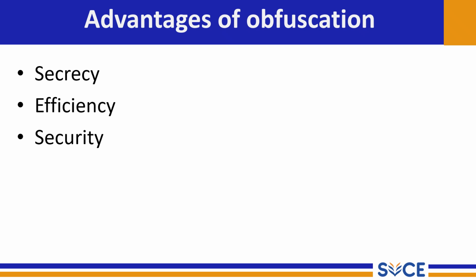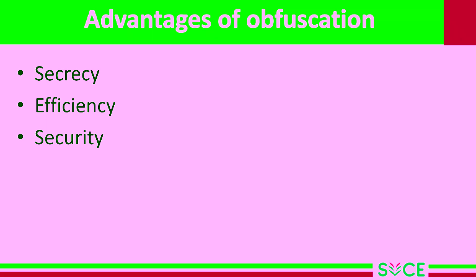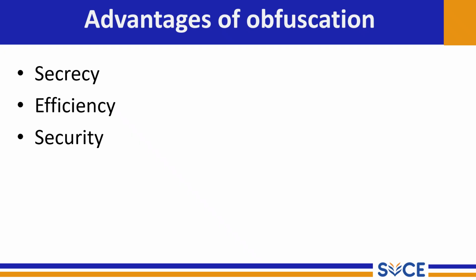And efficiency. Some obfuscation techniques like unused code removal shrink the program and make it less resource intensive to run. And next, security. Obfuscation is a built-in application security method, sometimes referred to as application self-protection.